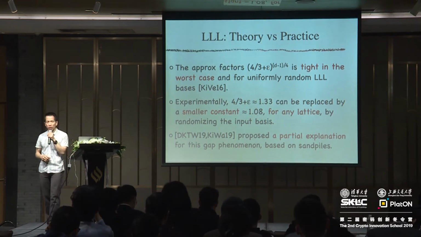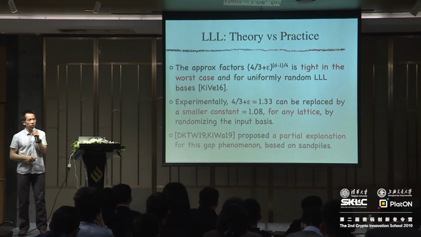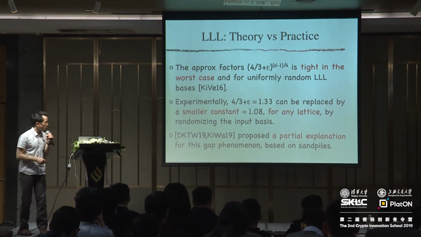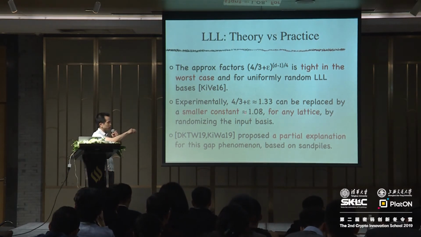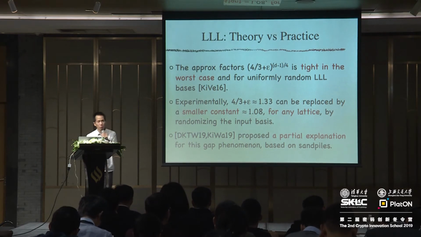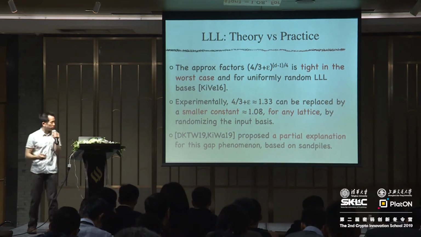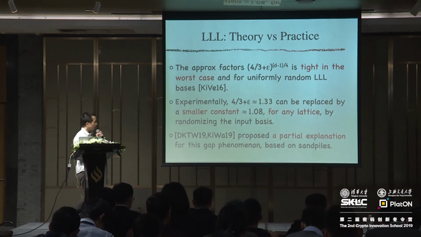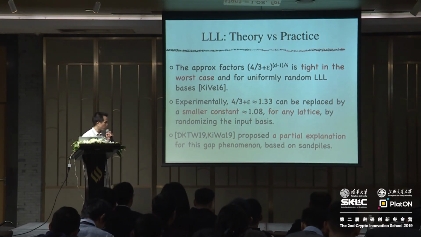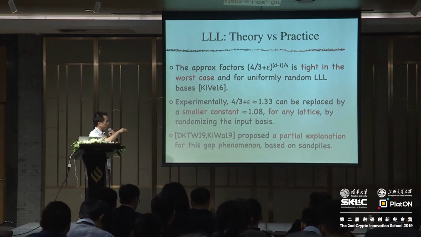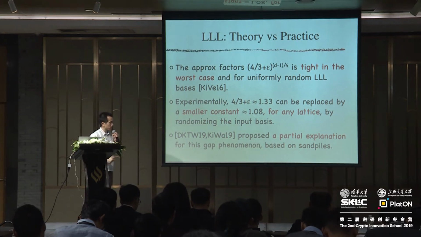So for a long time, we had absolutely no explanation for this phenomenon. Absolutely no explanation. And also no explanation for the value of the constant. Why is it 1.08? Why not 1.01? Why not something else? So we still have no progress on the meaning of the constant. There is now progress for the gap. So why is it a smaller constant?